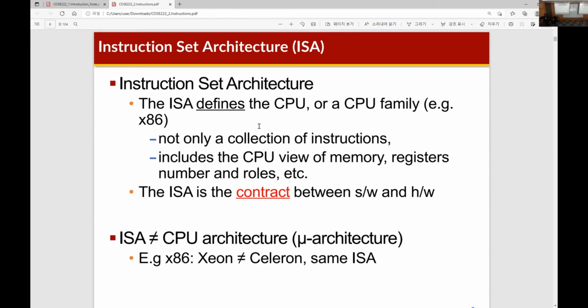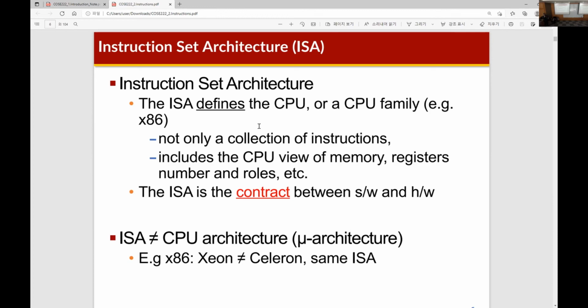recently Apple uses ARM-based CPUs. So we can generate the binary file on an ARM-based MacBook or Mac computer.